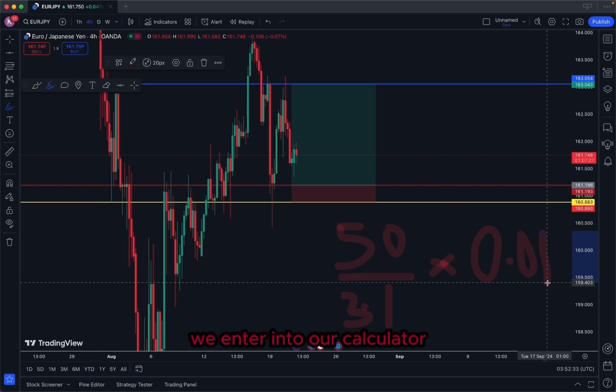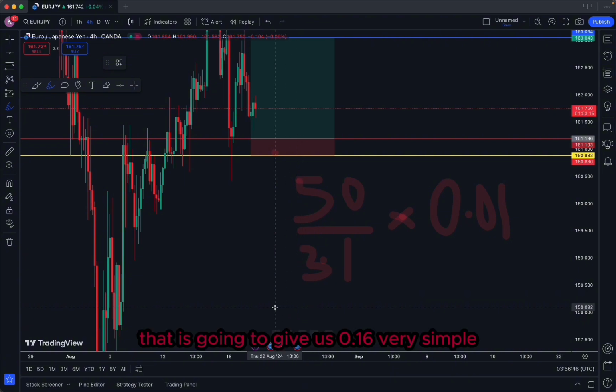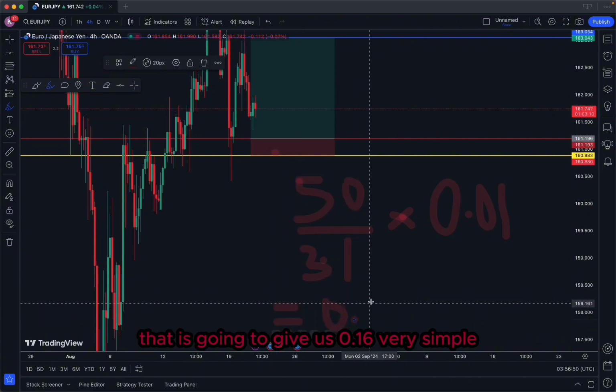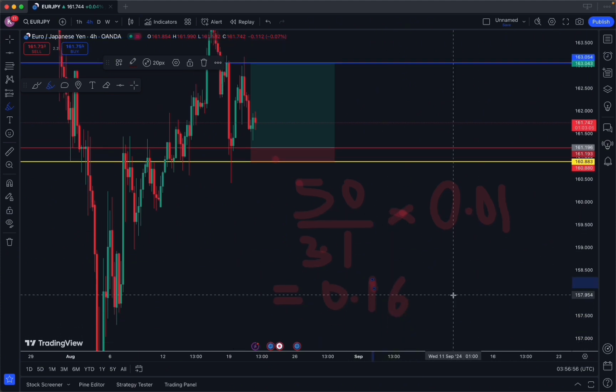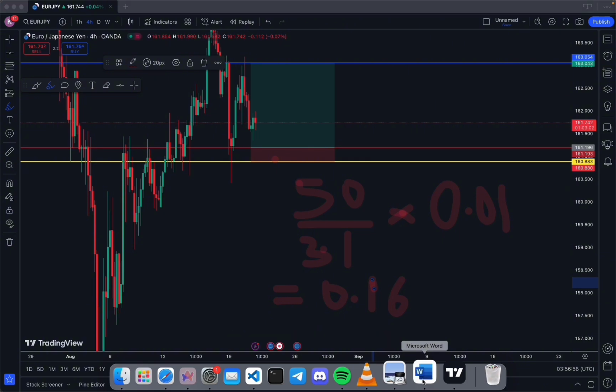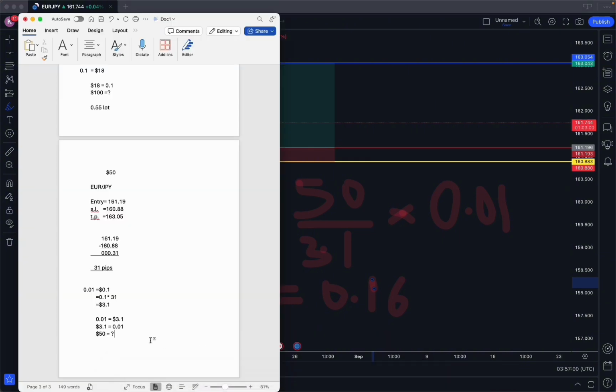We enter it into our calculator, and that is going to give us 0.16. Very simple. So it's going to be 0.16 lots.